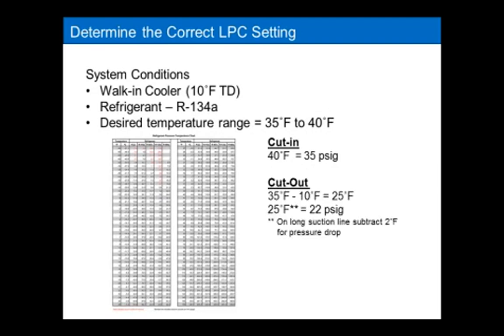Next, I have to figure out or calculate what I want my cutout to be. So if I look at my box design, I want my box temperature to go down to 35 degrees before it cycles off. I know there's a 10-degree difference. By design, I should be cutting off my system when my coil temperature gets to 25 degrees.